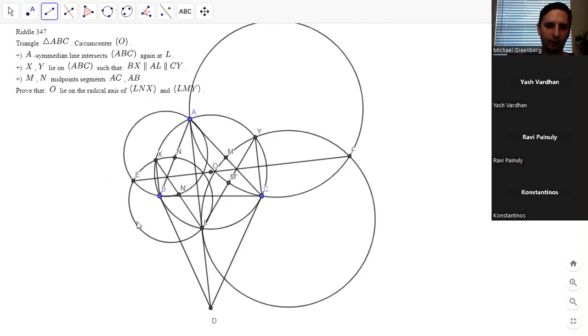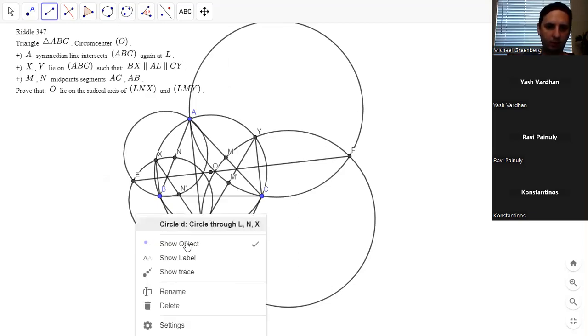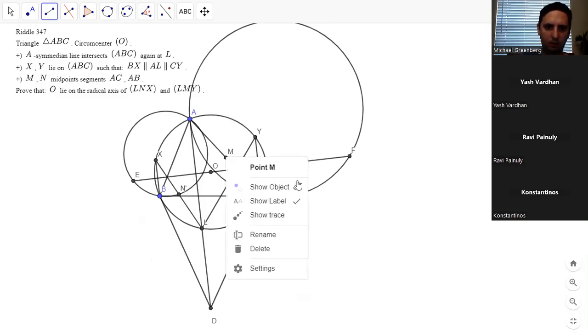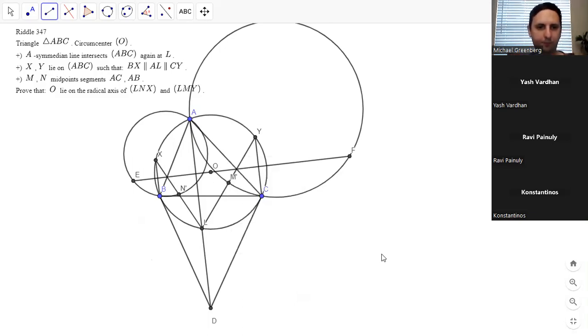So now I want to hide this and this, and we can hide N and M. So A, B, N prime and A, C, M prime. And then maybe we can use Casey's theorem.